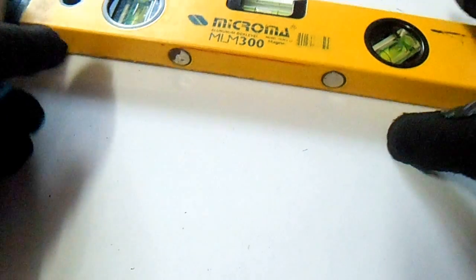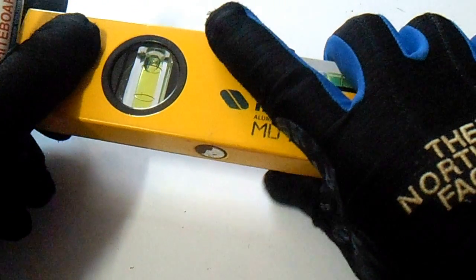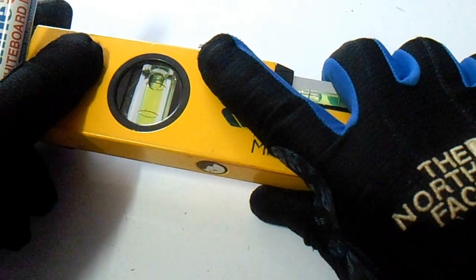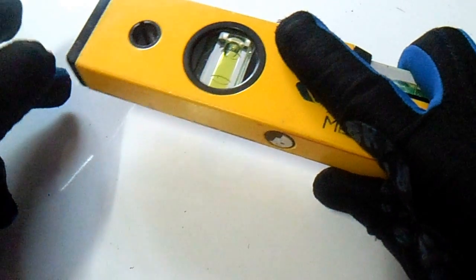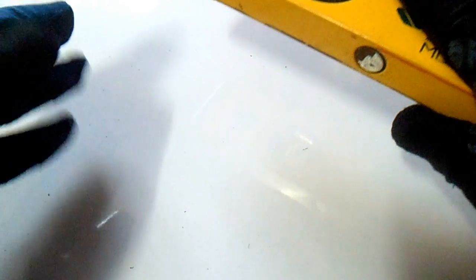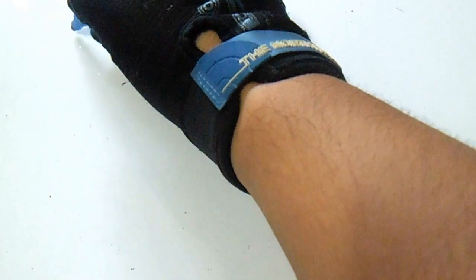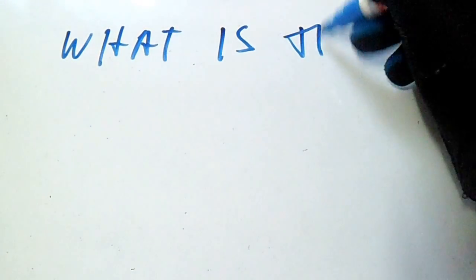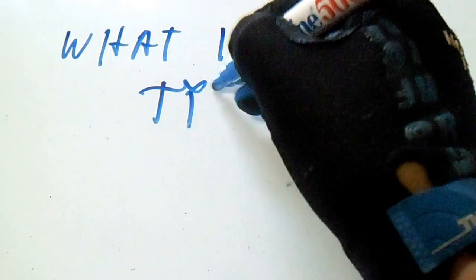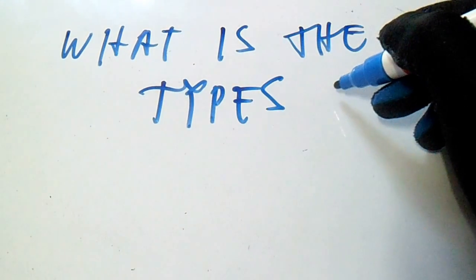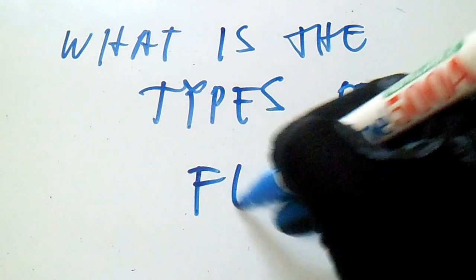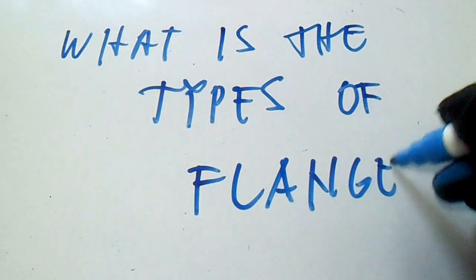Hello, guys, welcome to Piping, Welding and NDT channel. In this video I will show you the types of flanges with symbols. Okay, so the question is, what are the types of flanges?